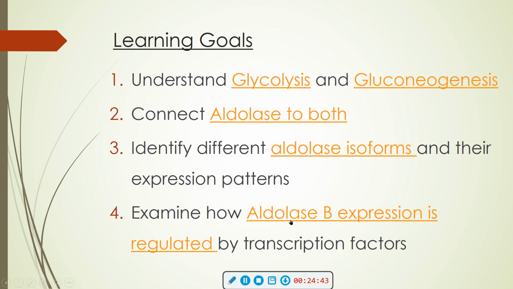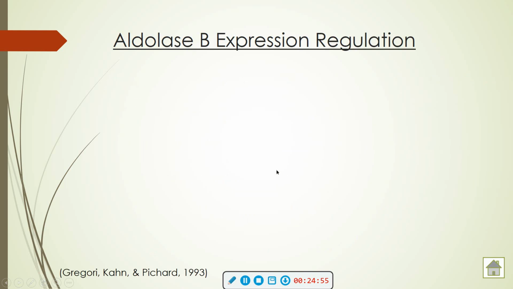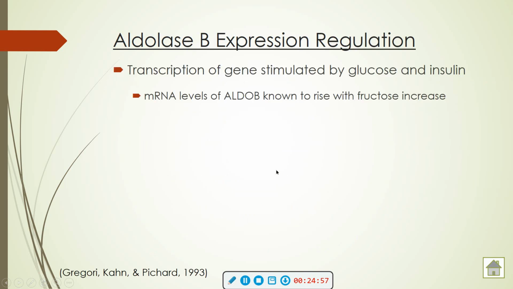There's a lot of confusion that people get, I feel like, from this. Especially with the transcription factors that are involved. So let's talk about a few of them. First of all, the transcription of aldolase B, this gene is stimulated by the glucose and the insulin in our body.